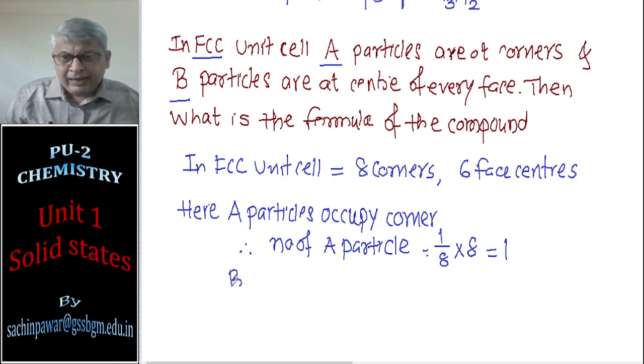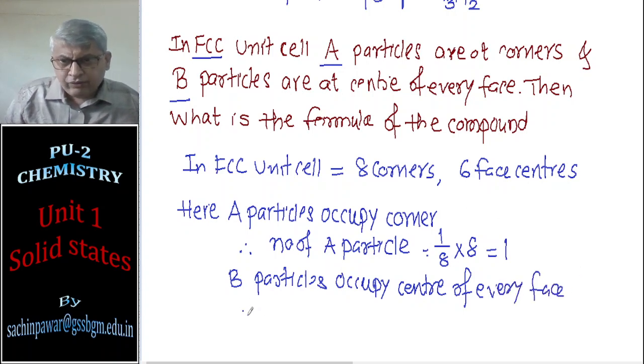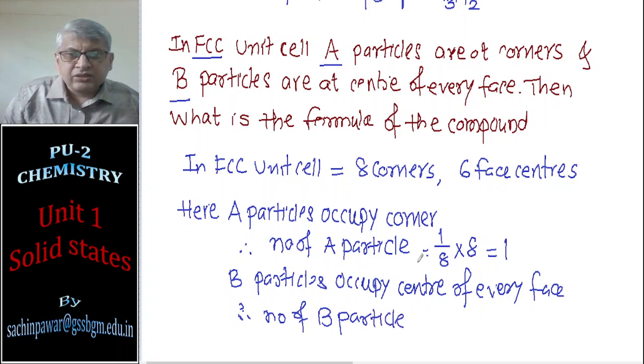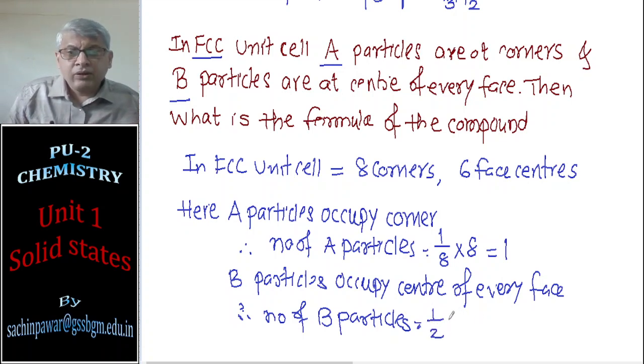and B particles occupy the center of every face, and the total number of faces is 6. So the number of B particles will be how much? Every face is common to 2 unit cells, so I need a multiplier of 1 by 2. 1 by 2 into 6 faces, that is 3.